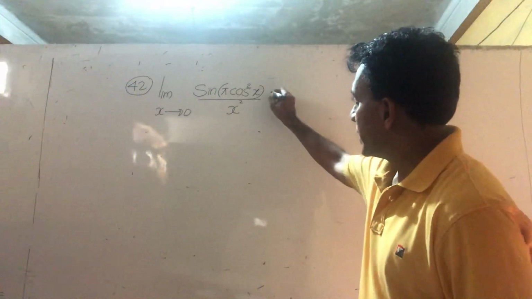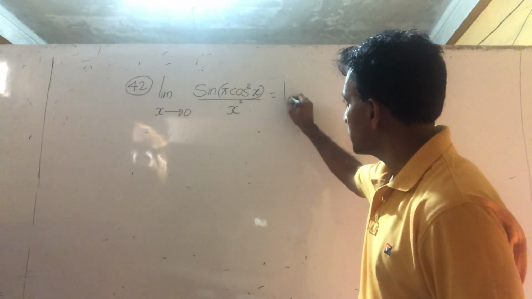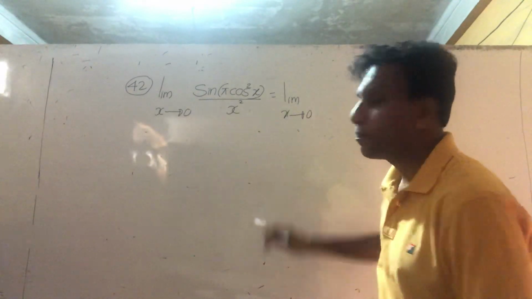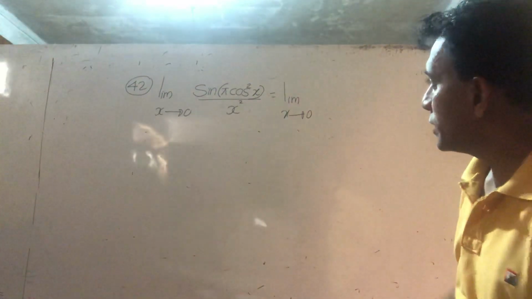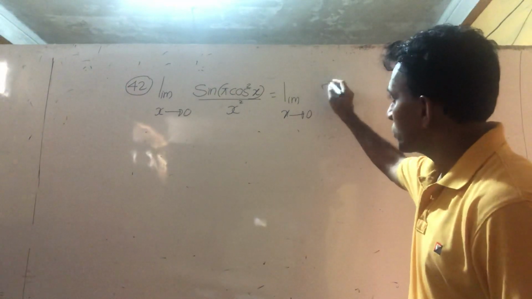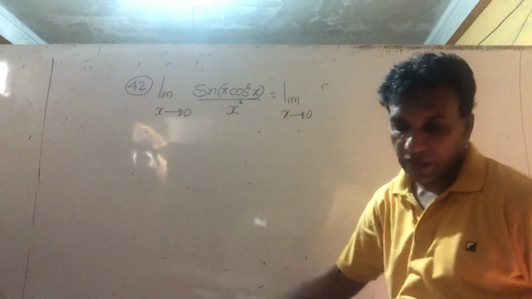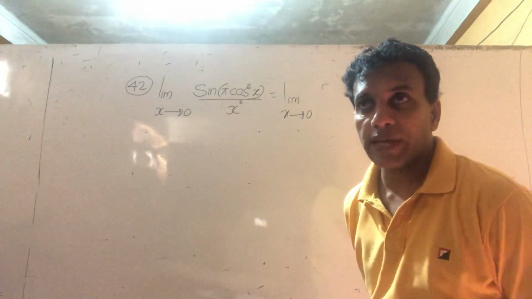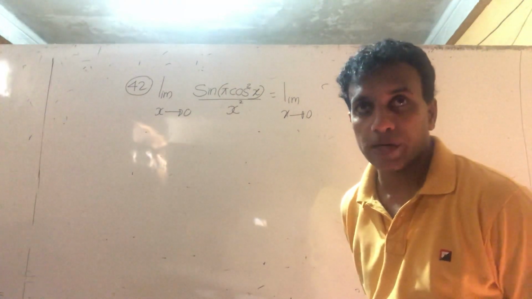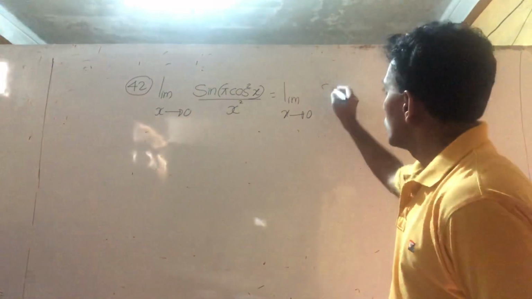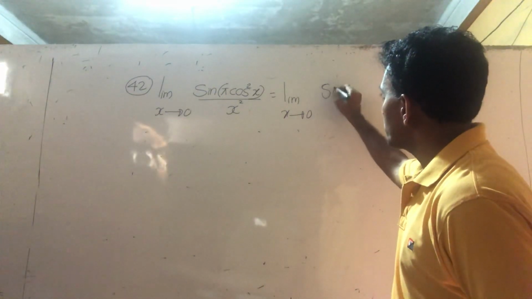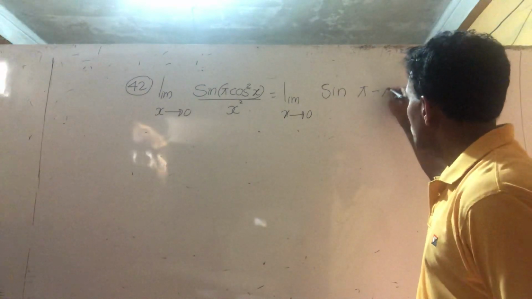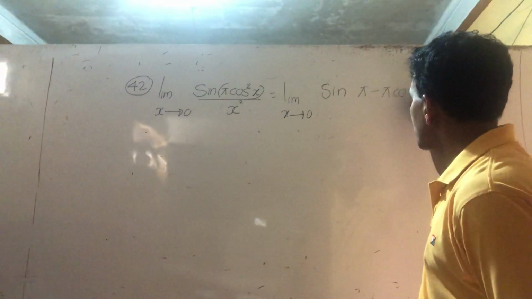See how the answer is found. Limit as x approaches 0. We can write this part using sin(180 minus theta) is sin theta, second quadrant, sin theta. So this pattern sin(pi minus pi cos²x).